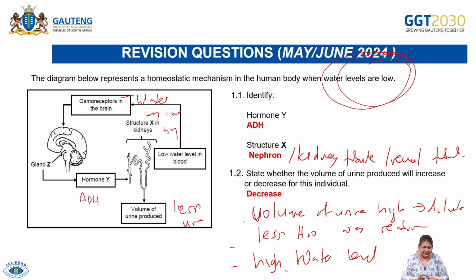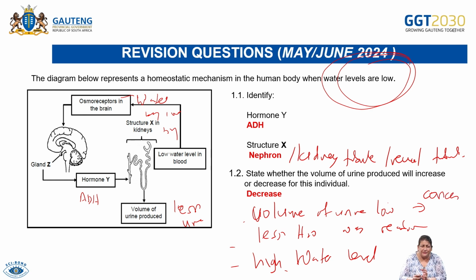And then, if the volume of urine is going to be low, it means you have a concentrated urine. That means your urine is very, very yellow.